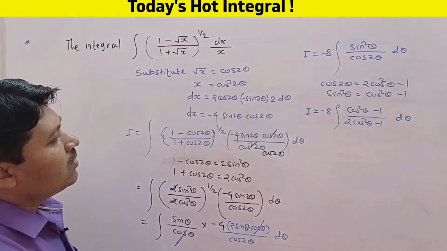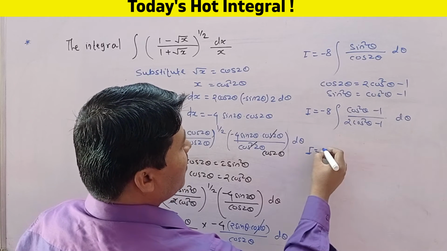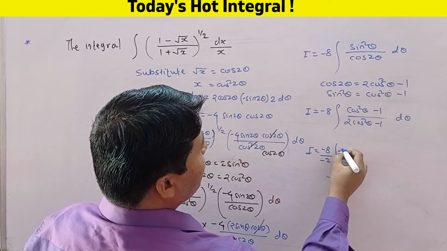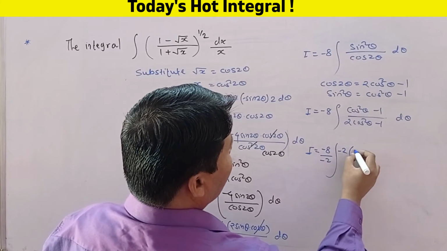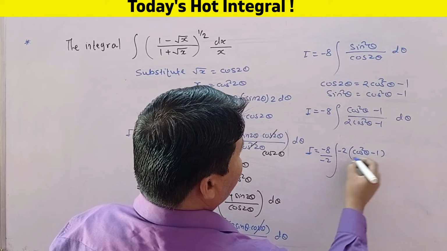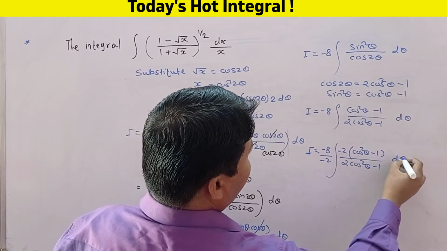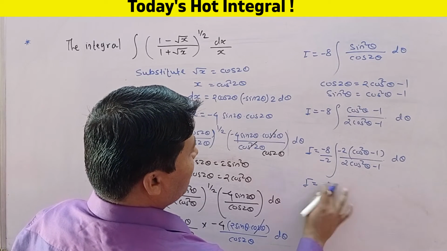Now I divide and multiply by minus 2, therefore we get minus 2 minus 2. So we have cos square theta minus 1 divided by 2 cos square theta minus 1 d theta, and this term becomes 4.